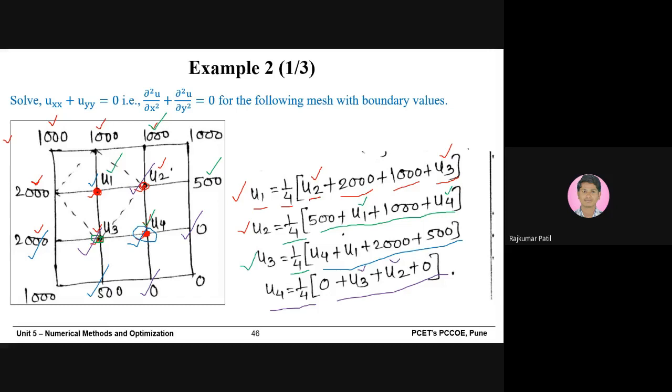So when you look at all these equations, you can easily say that we have prepared four equations using the standard 5-point formula, but in each equation there are two unknowns and we don't know their values. Again, if we try to apply the diagonal 5-point formula, we will get four equations, but in each equation there will be at least one unknown. So again, there is a problem to solve.